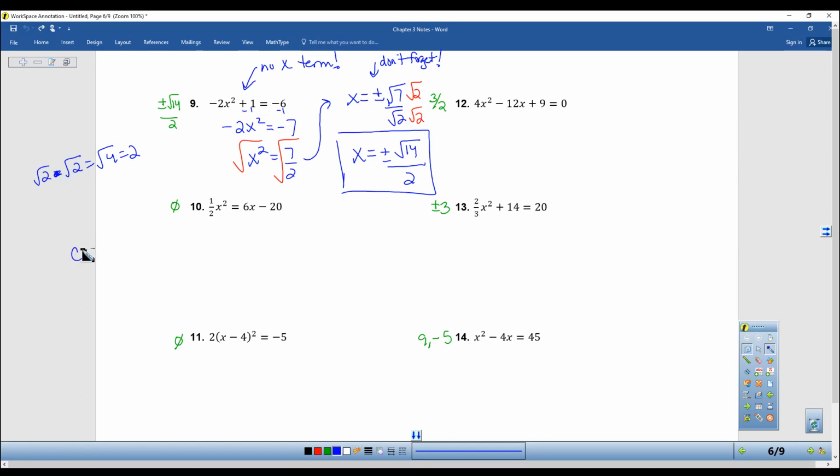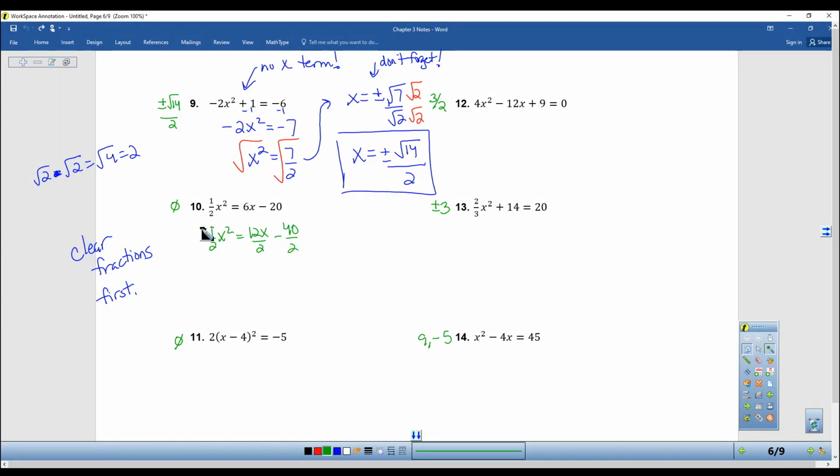So on number 10, I personally think you should always clear fractions first. There's two ways to do it. The way, if you're struggling, is to change it so that they all have the same denominator. This works out really well for kids that struggle with fractions.